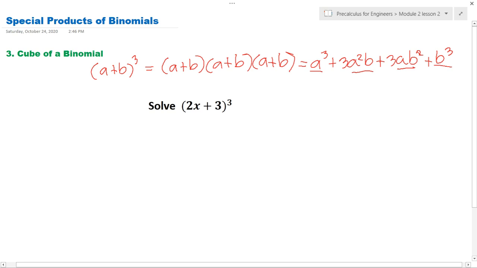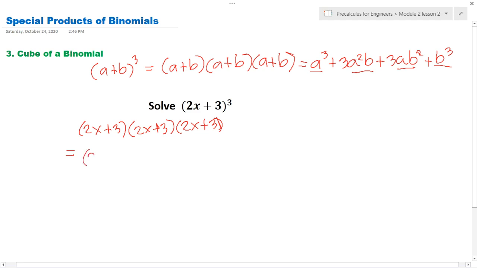So to apply this, you can use long method. For example, let's say (2x + 3) to the power of 3. So you can just write it here as (2x + 3) times (2x + 3) times (2x + 3). However, as you've noticed, pwede ko pala mag-group yung 2x plus 3 tsaka 2x plus 3 para magamit ko yung FOIL or yung square of a binomial.